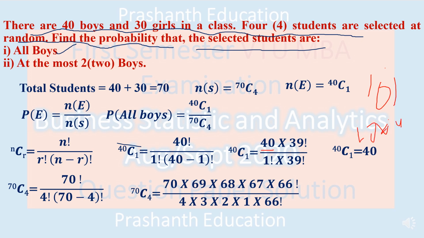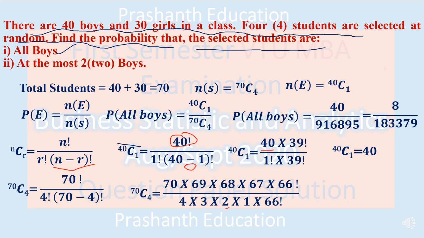The beauty of this combination is that there is something called n minus r. 40 is there, 40 minus 1 is 39. You need to open the 40 factorial till 39. So 40 into 39 factorial. This 39 factorial will cancel, remaining will be 40. Very simple.